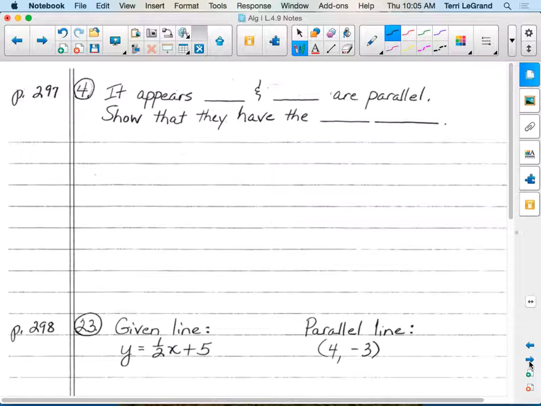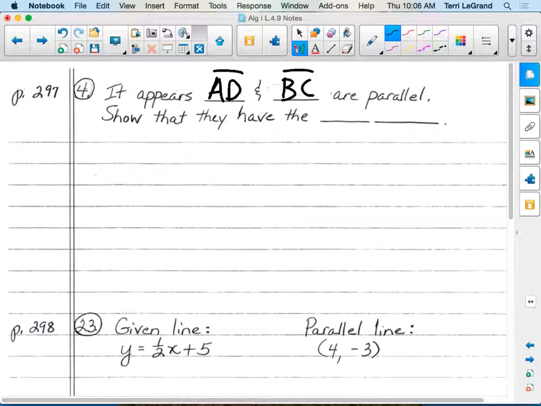So we're going to look at this figure and say which pair of opposite sides appear to be parallel. Which sides? AB, AD, BC. It appears that line segment AD and line segment BC are parallel. So those are the two that we have to prove are parallel. How are we going to prove it?